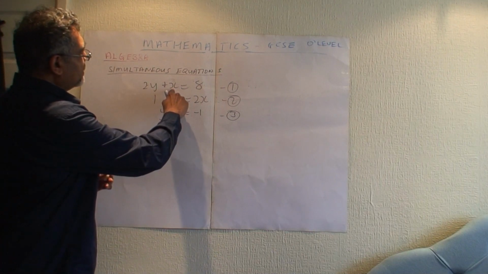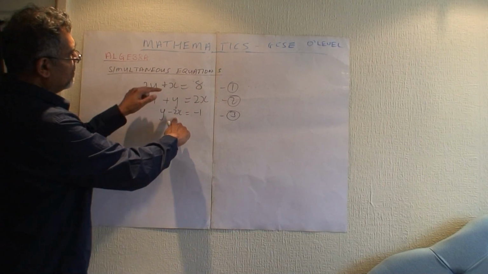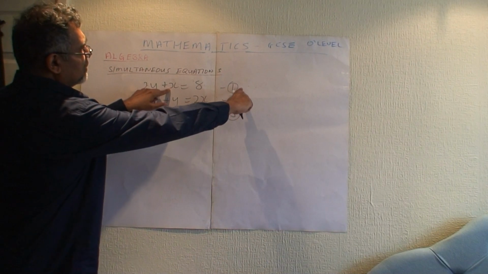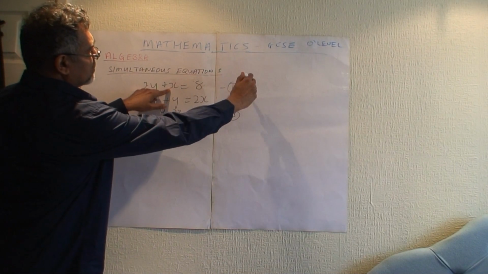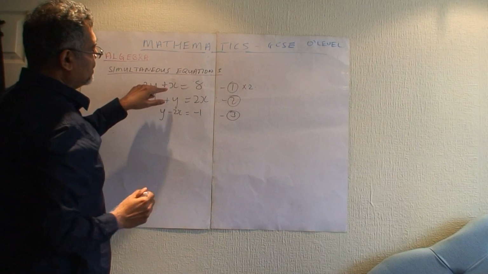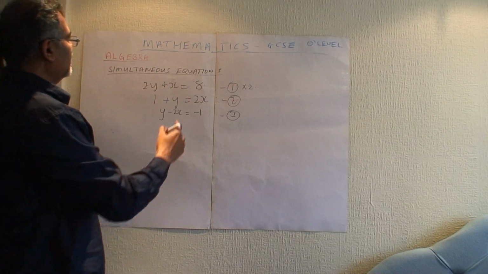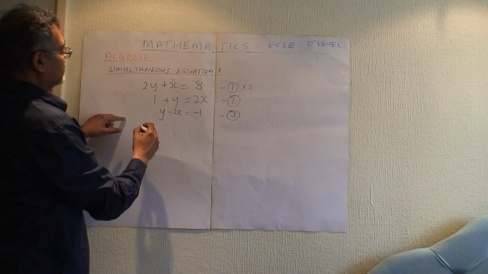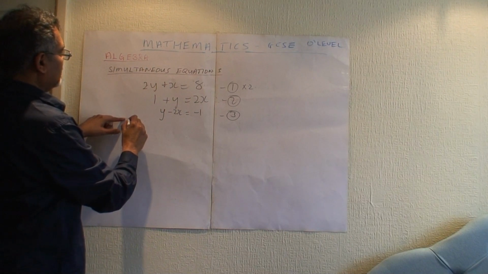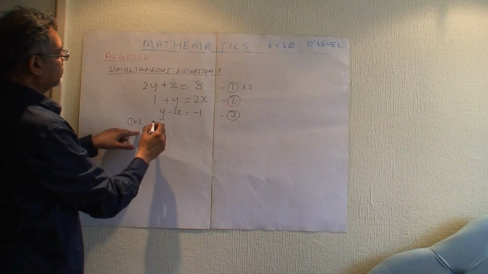To make this 2x, we have to multiply this 1 by 2. So it becomes 2x. So we looked at equation 1, and we multiplied by 2.